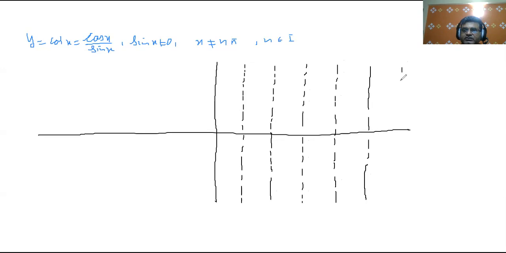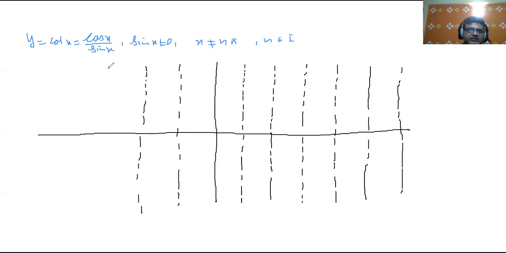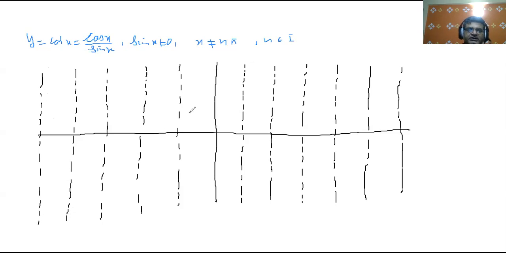So similarly, it will go up to infinity. These are at equal intervals. Now this is the y-axis and this is the x-axis.